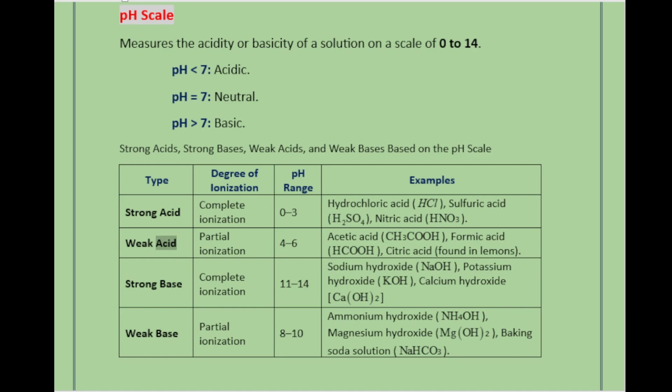Weak acid: partial ionization, pH 4 to 6. Examples: acetic acid, formic acid, citric acid, found in lemons. Strong base: complete ionization, pH 11 to 14. Examples: sodium hydroxide, potassium hydroxide, calcium hydroxide.